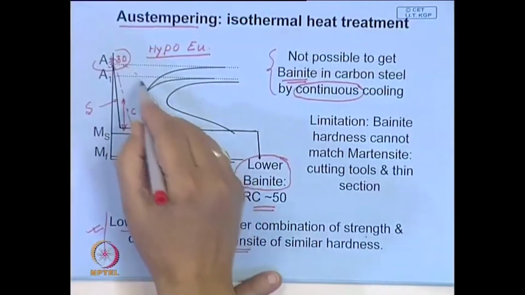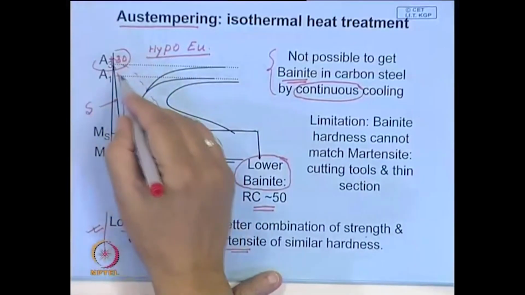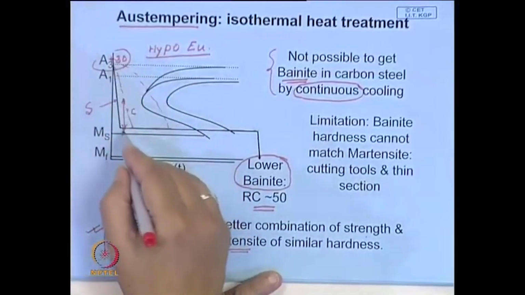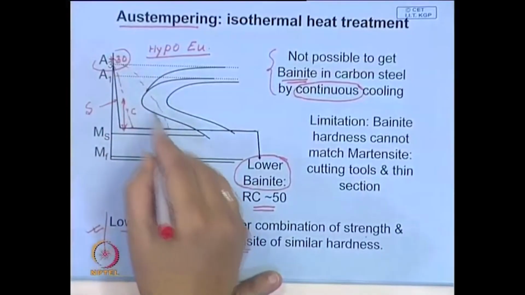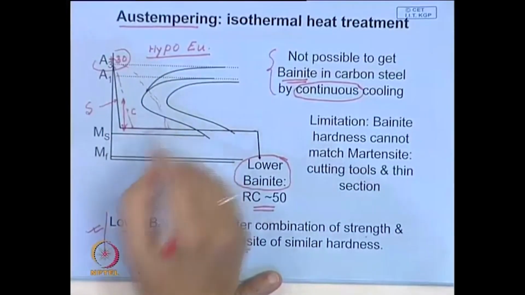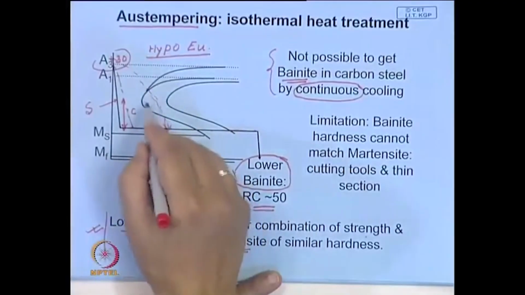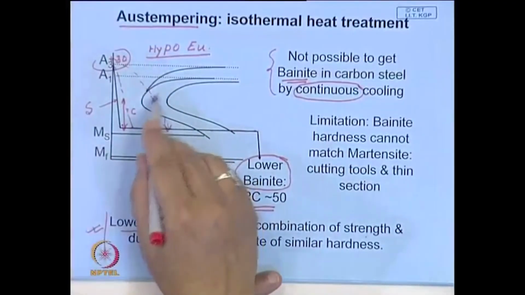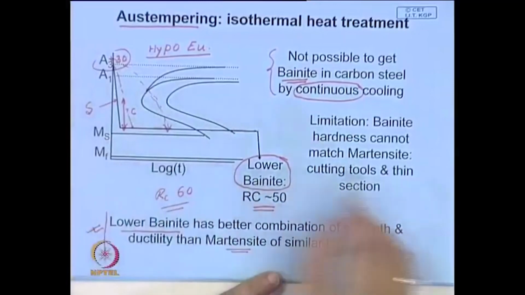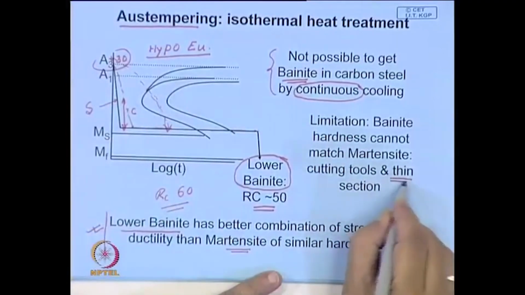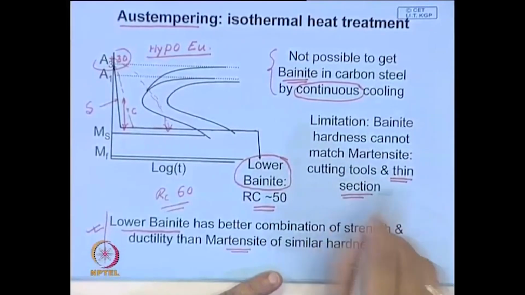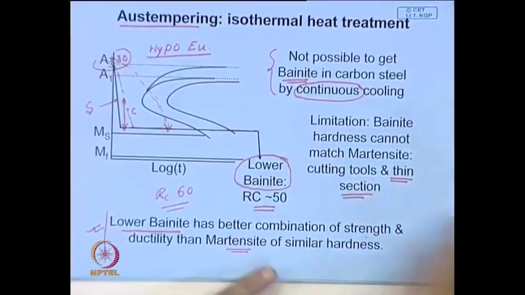If the job is large, possibly when your surface is cooled and brought here, you may get some amount of fine pearlite in the core. So, another limitation is that this treatment can be given only to thin sections.